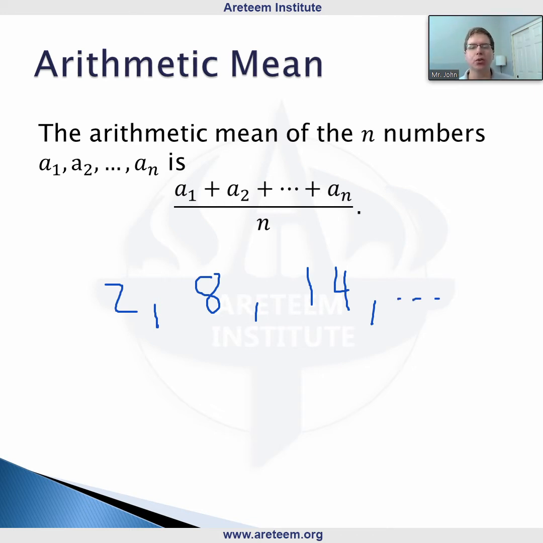If we look at 2 and 14, the arithmetic mean is going to be 8. So this is a nice way to see that if we have an arithmetic sequence, the average of two numbers is right between. That is our arithmetic mean.